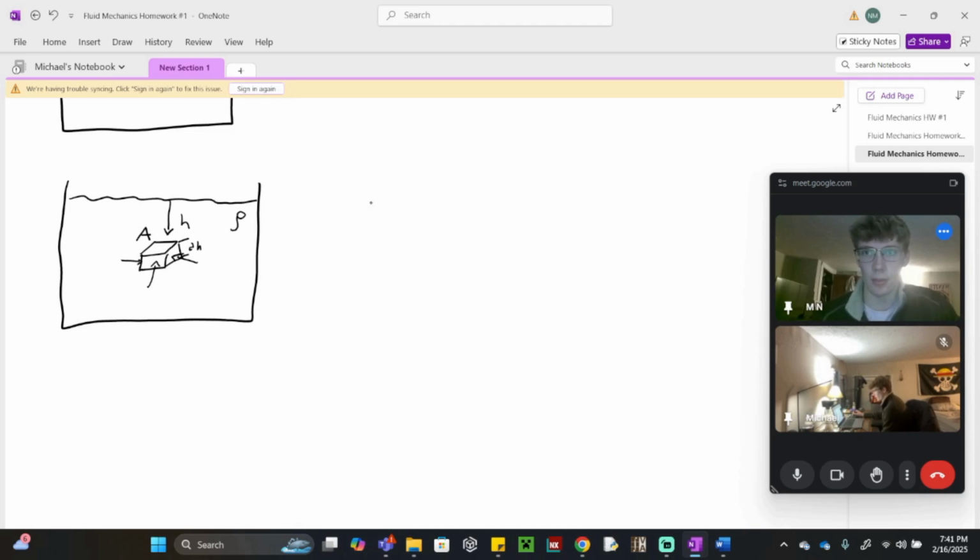So I'm going to write this out. We have the pressure at h plus dh, which is this point here, times A to get our pressure force, because remember, pressure force is pressure times some area, equals the pressure at h times an area plus the weight of our object, which would equal the density, rho, times A times dh times the gravitational constant.